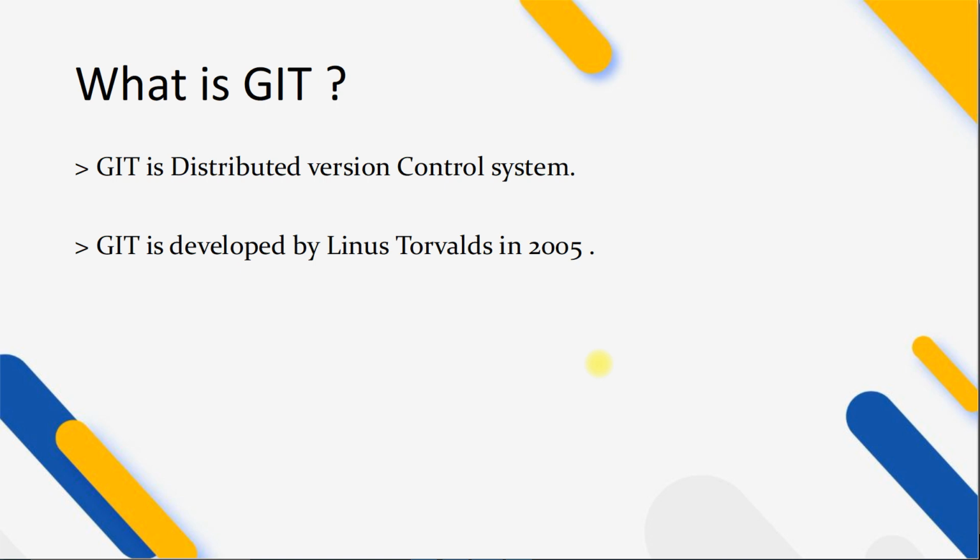Yes guys, you guessed right, this is the same person who developed the Linux kernel. If he had already developed the Linux kernel, then why did he develop another tool, Git? Right now we will focus on what exactly Git is.